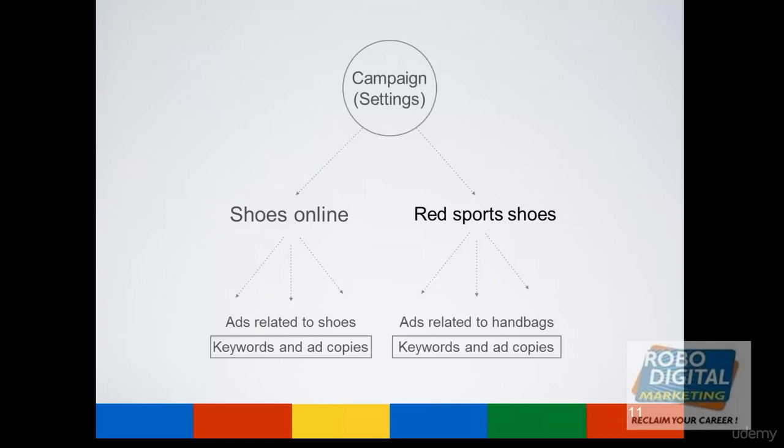So we make different ad groups. And whenever we are making ad groups, we have to keep in mind theming of the keywords. What theming of the keywords is: whichever keywords we put in one ad group should be very similar to each other. Like if we are making an ad group like buy shoes online, at least one or two words should be common across all the keyword phrases.